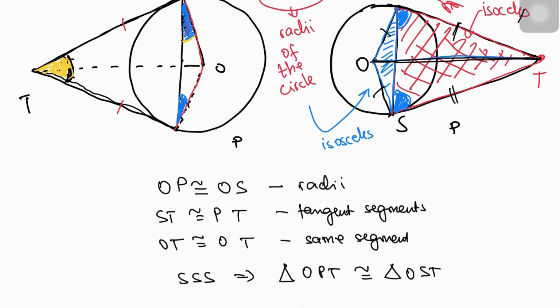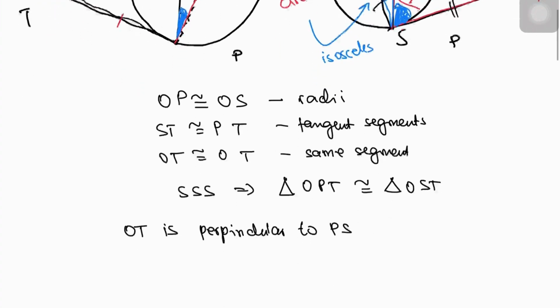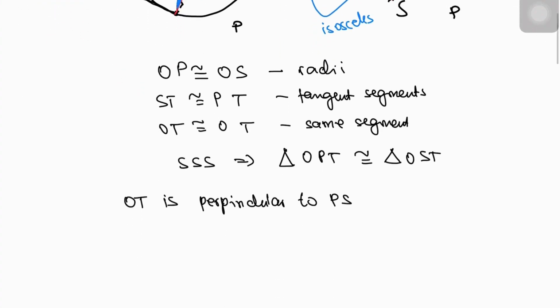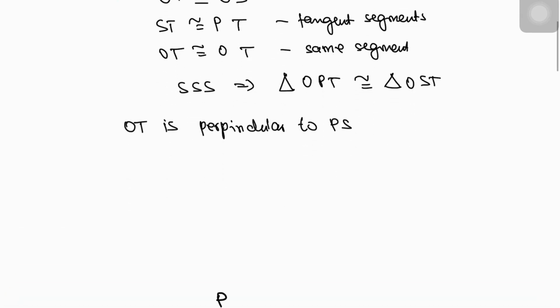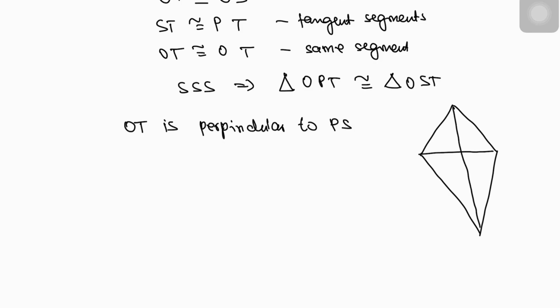If you notice, just as a matter of analysis, that's not mandatory for the development of the task, the figure that we obtained is a quadrilateral, something like this, which is called a kite. And in this kite, the diagonals are perpendicular.